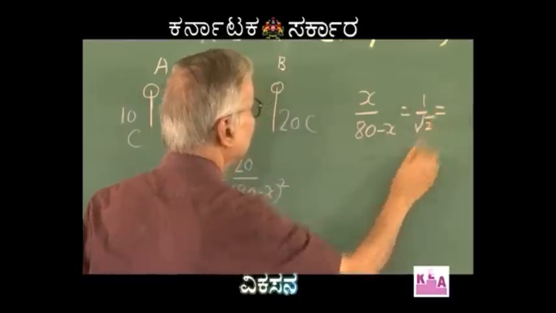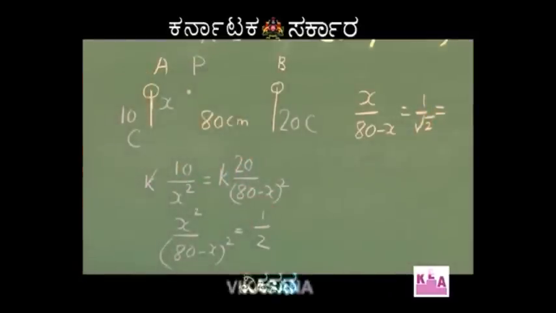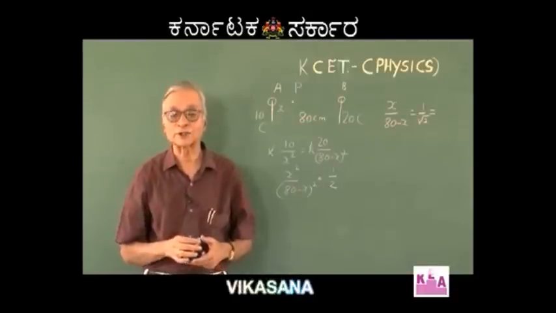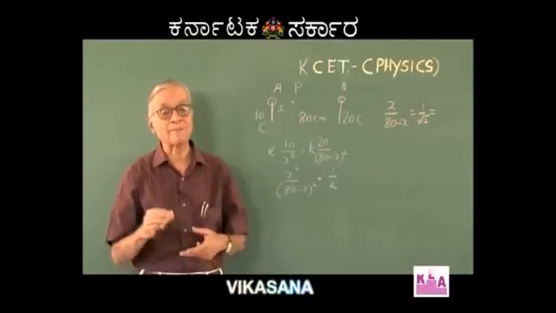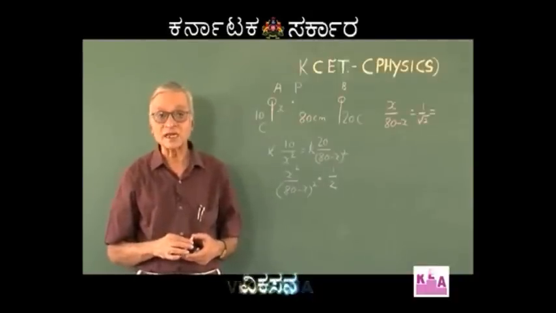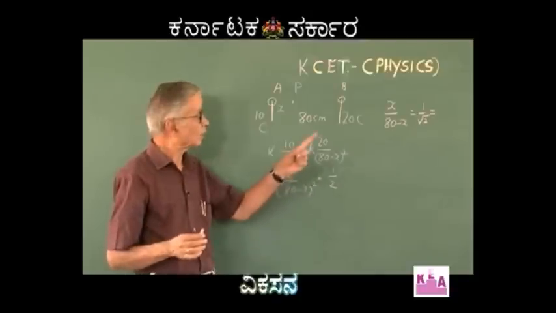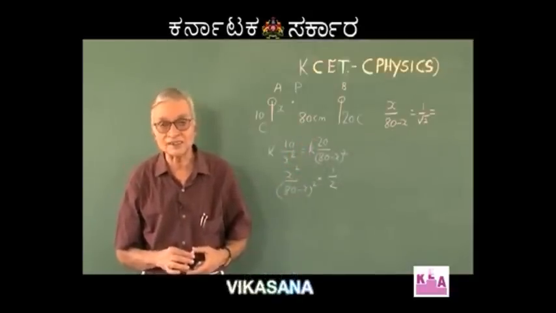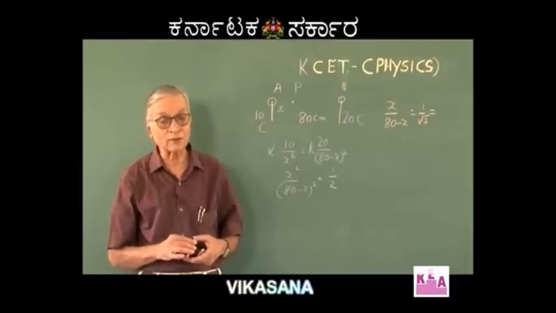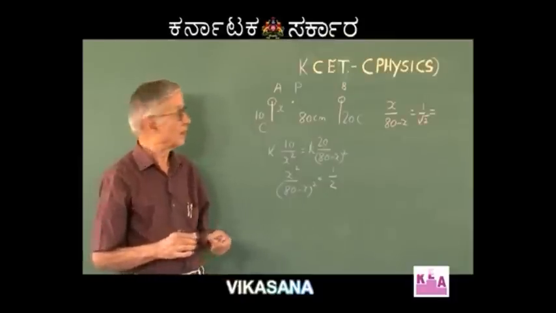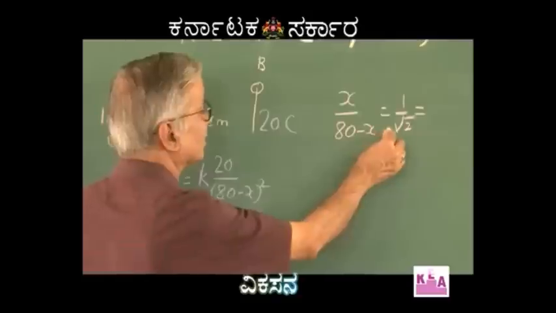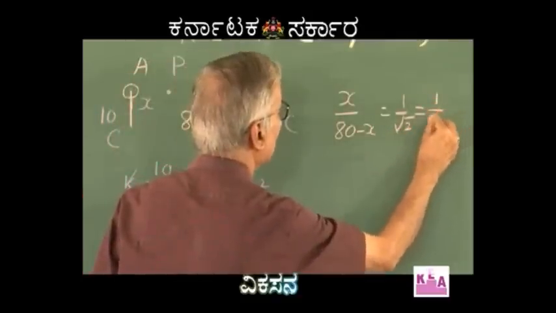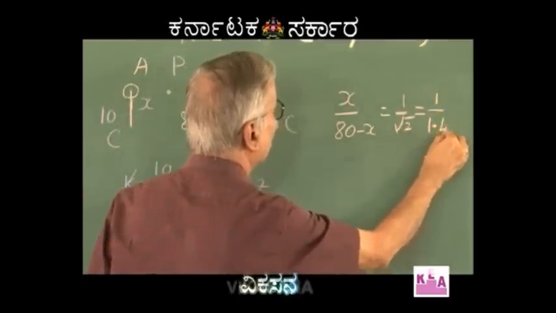In CET, you must be knowing that these values can be taken approximate. That is, in CET, root 2 can be taken as 1.4, root 3 can be taken as 1.7. That will give an approximate answer. Therefore, taking the root, one can write it as 1 divided by 1.4.